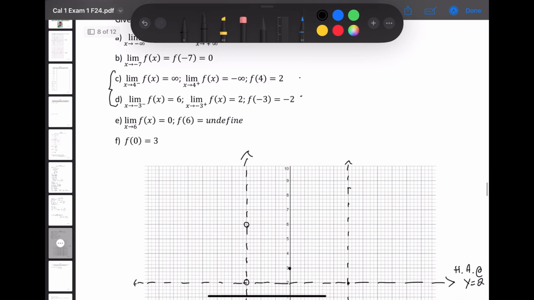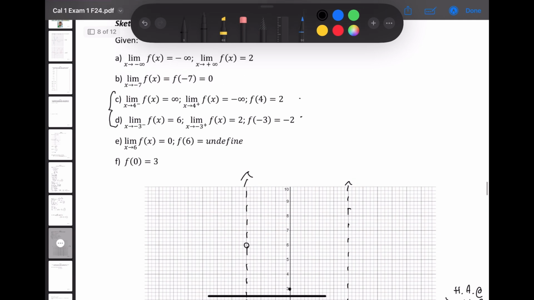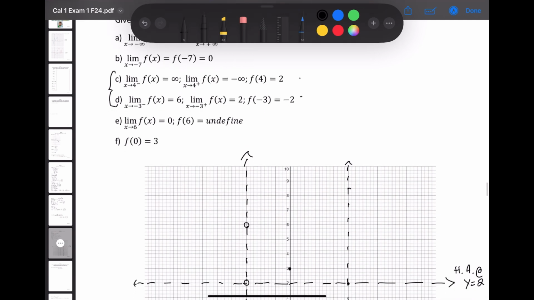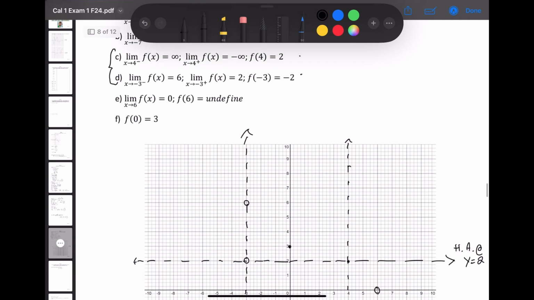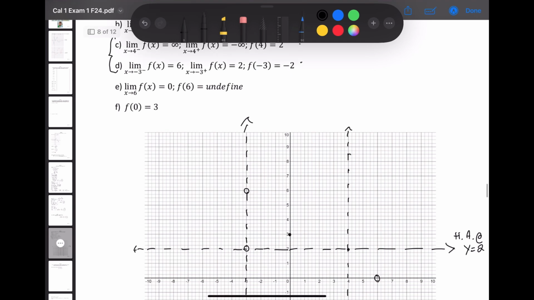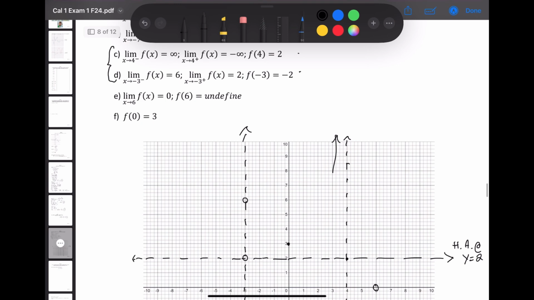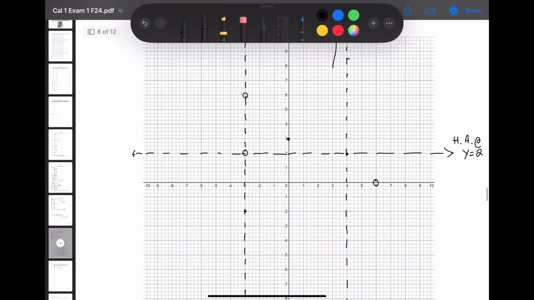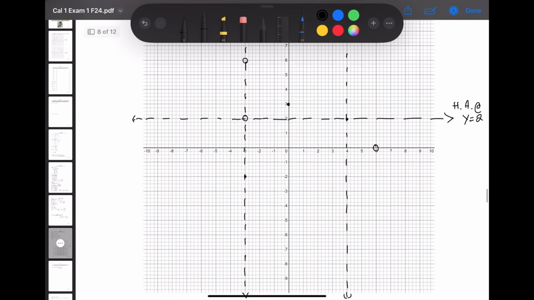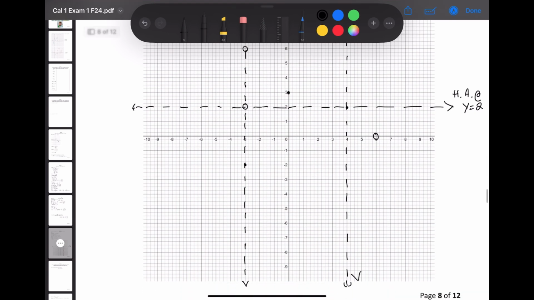Okay, now we can apply those limits. So as limit x approaching 4 from the left, f of x is infinity. So from the left, it's infinity. So just go ahead and mark it like that. It doesn't have to be perfect. And then from the right, as x approaching 4 from the right, it's going to be negative infinity. So it's going to be somewhere over here.